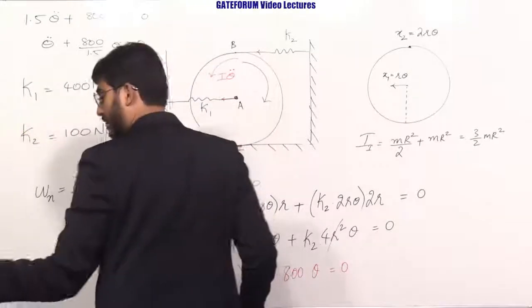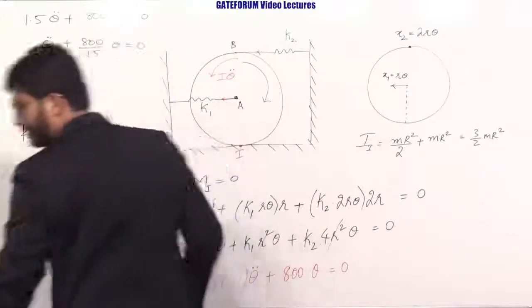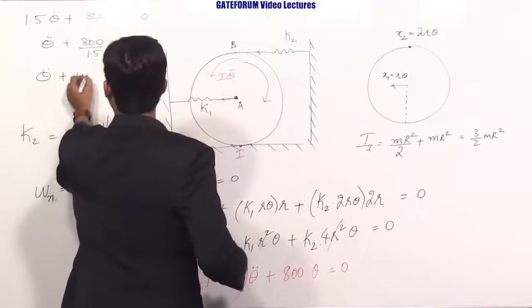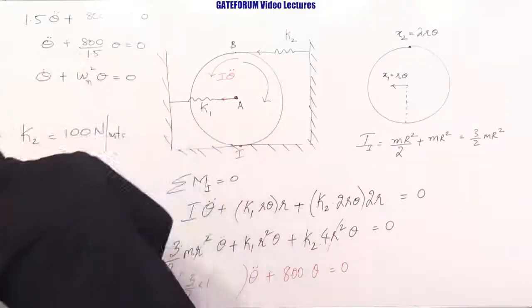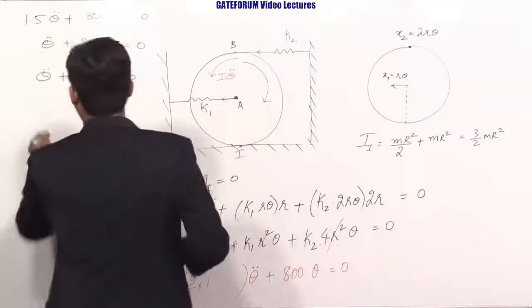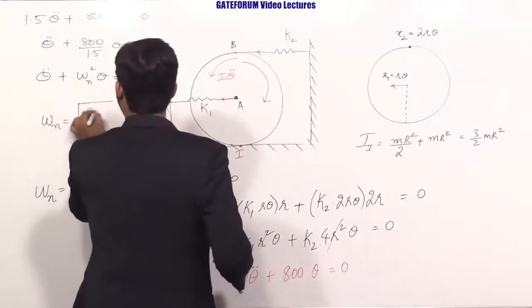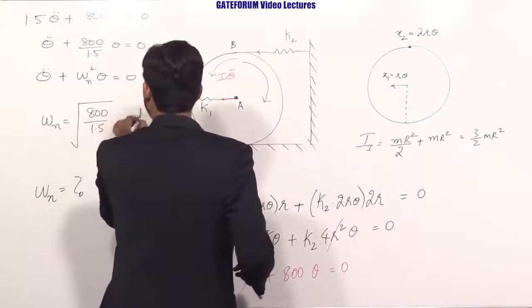This is of the general form theta double dot plus omega n square theta equal to 0. So omega n is equal to root over 800 by 1.5, in radians per second.